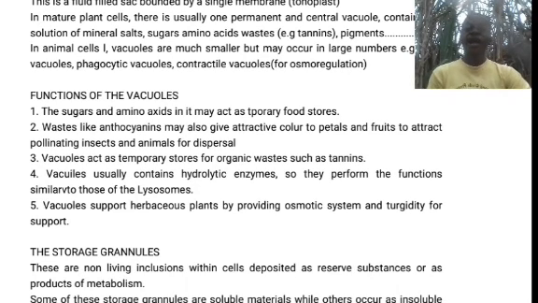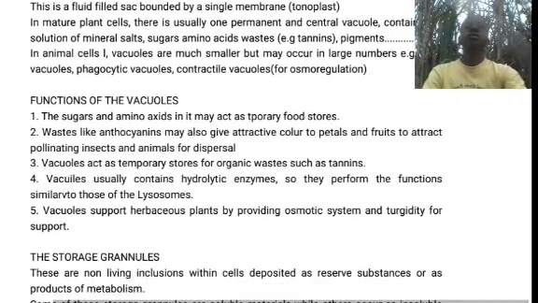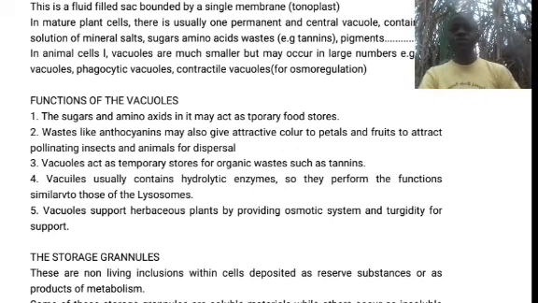Now, the first thing is that the sugars and amino acids in it may act as temporary food stores. Also, the wastes like the anthocyanins may give attractive color to petals and fruits to attract pollinating insects and animals for dispersion.